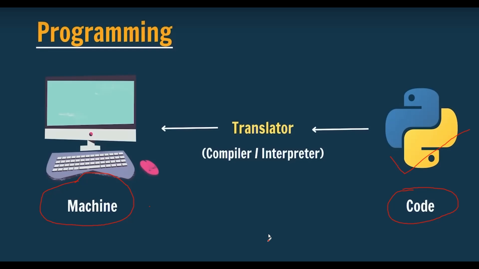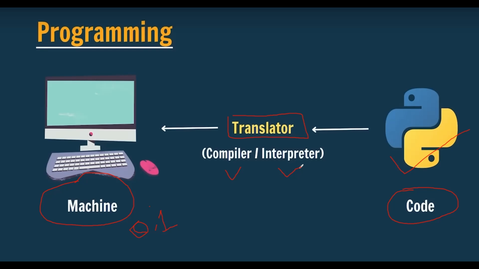We have written our code in Python, which is similar to English, but machines understand a language which is 0 and 1. This is called binary language. Here comes a translator. It can be a compiler or an interpreter.